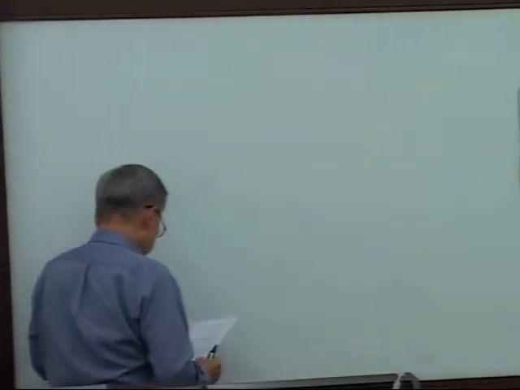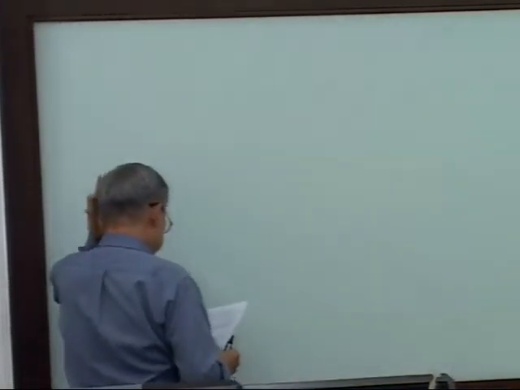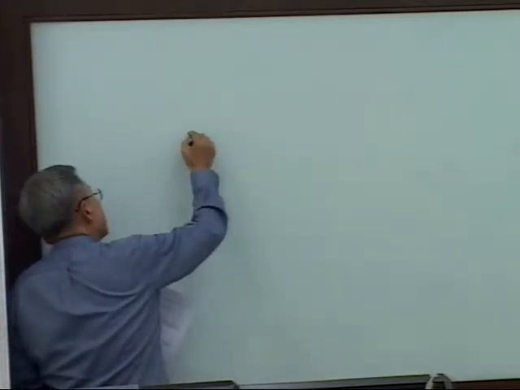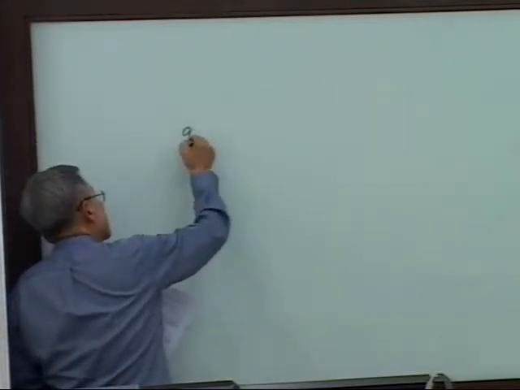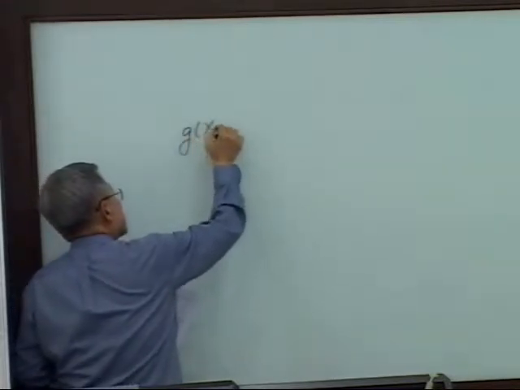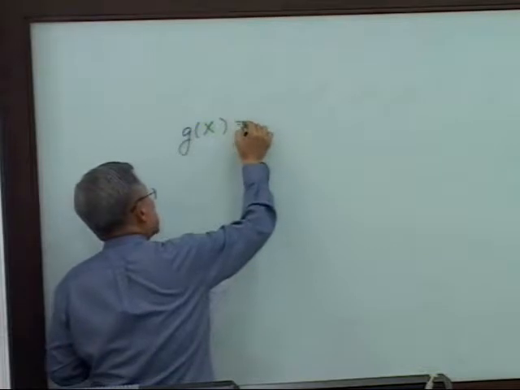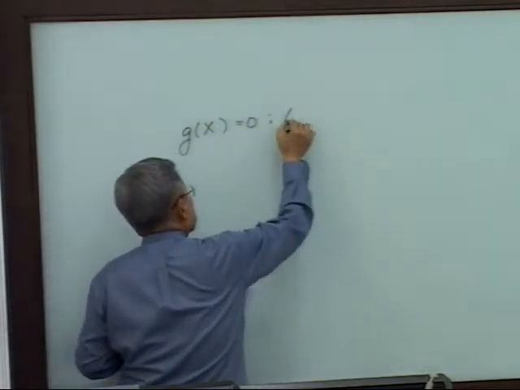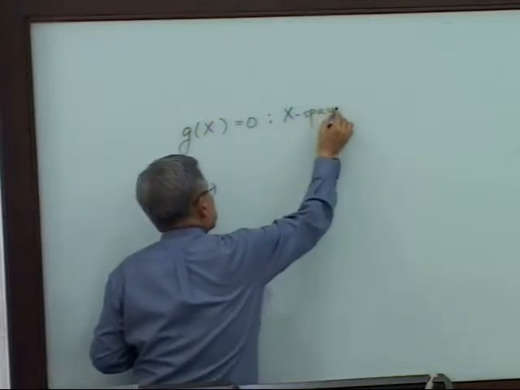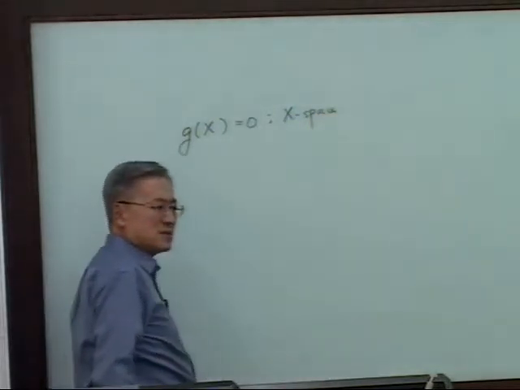Now you can work on the U space. So now I can say G, we use Gx equal to 0 in the X space. Some of you could say, geez, what the hell is he talking about?